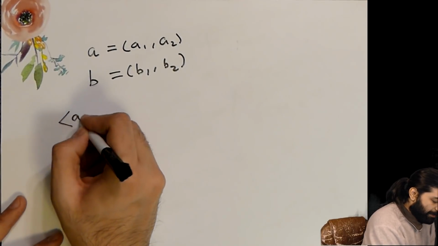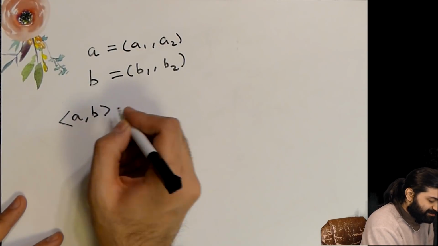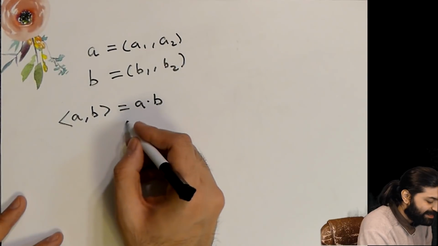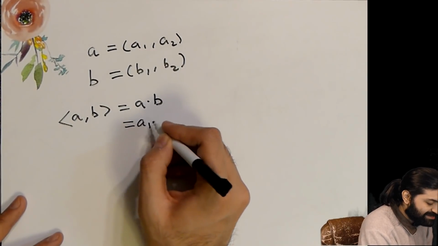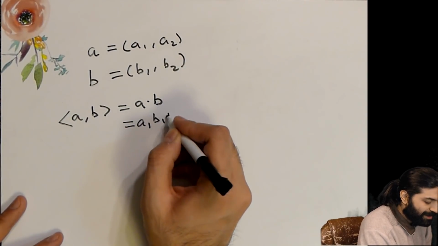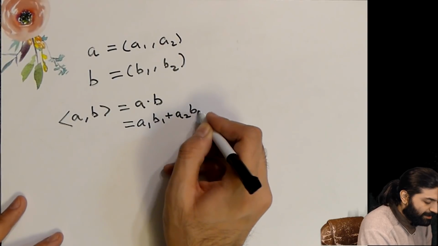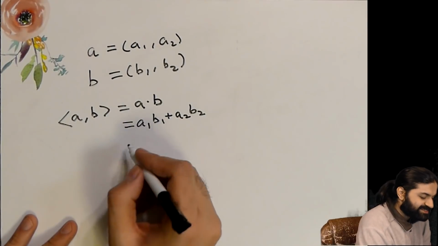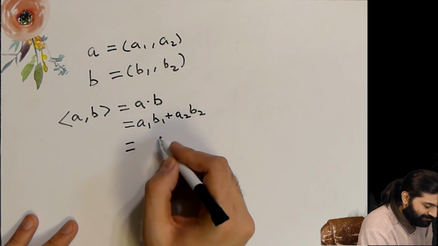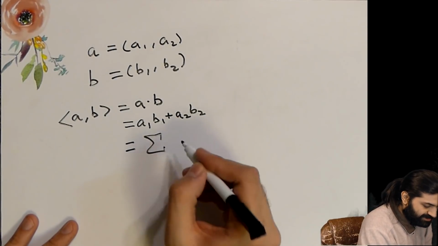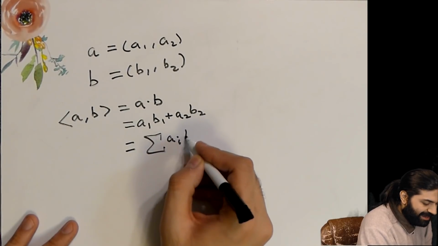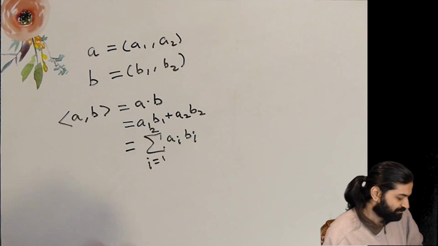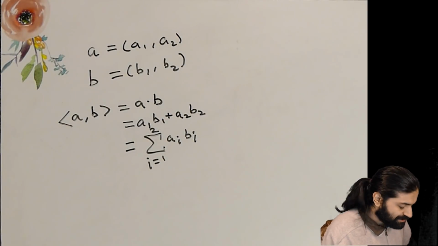So the inner product, or some people might write dot product of A and B, is the same thing as A1 B1 plus A2 B2. And if I were to write this with a summation, let's say it's just the sum of AI BI, where I goes from 1 to 2. It's a simple formula. You've probably seen it before.